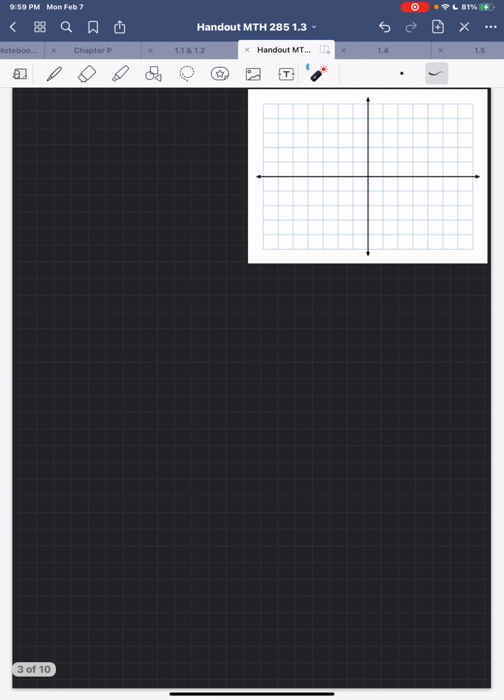So let me see if we can start to get good with this, right? I'm going to assume that I give you the point (4, 3). All right, so let's go over 4, up 3. So over 4, up 3. So right here, (4, 3).